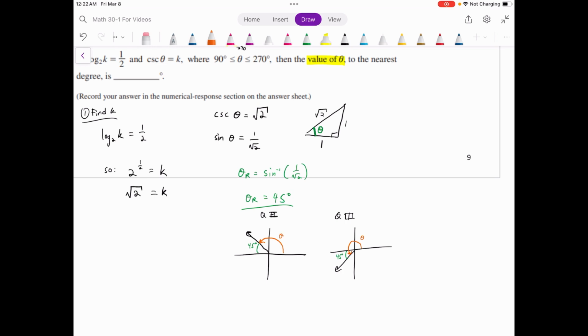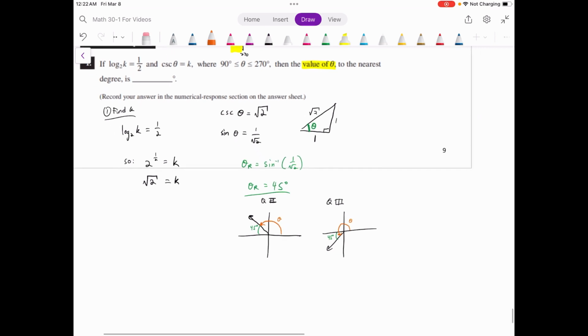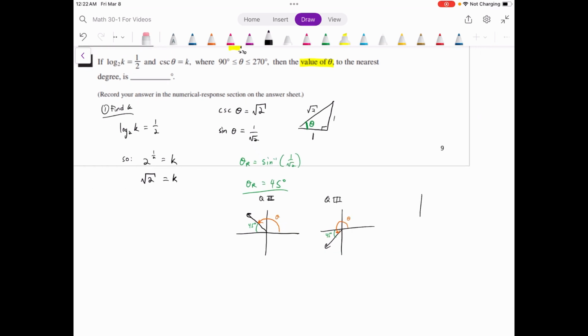However, we can eliminate one of these because cosecant of theta was positive root 2, right? Sine theta is positive, it's positive 1 over root 2. So if we think about CAST, sine is only positive in quadrant 1, which is eliminated by our domain, and quadrant 2, which is in our domain.